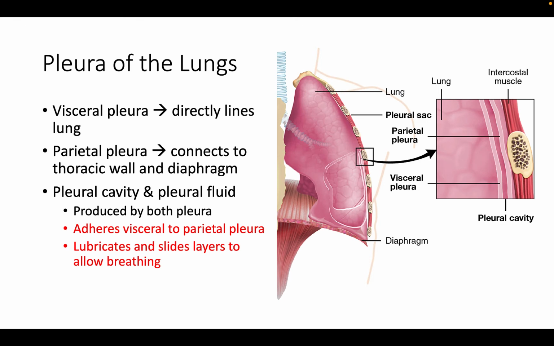So the ease of breathing basically creates surface tension that helps maintain the position of the lungs against the thoracic wall. So it makes sure there's a constant pressure. This adhesive characteristic of the pleural fluid causes the lungs to enlarge when the thoracic wall expands during ventilation, and this allows the lungs to fill up with air. The pleura also create a division between the major organs that prevents interference due to the movement of the organs, while also preventing the spread of infection if there was an infection elsewhere.